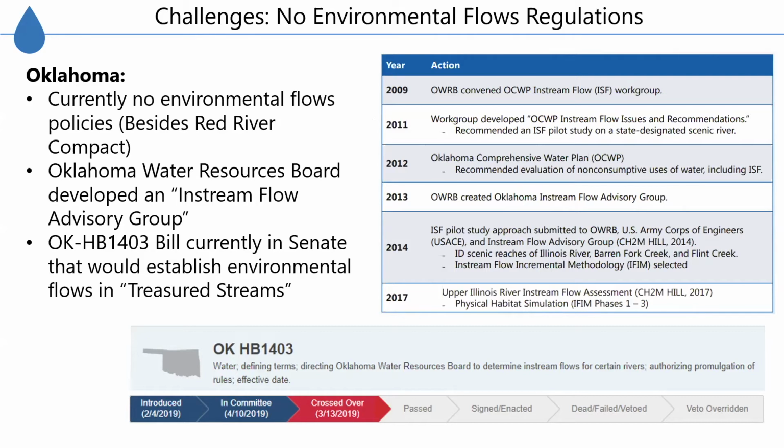And there's currently a bill in the State Senate of Oklahoma that would establish environmental flows in what they call treasured streams, which are sort of like scenic rivers. But that bill has sort of been in limbo since March of last year. So Oklahoma is thinking about environmental flows, but sort of slow to get there.